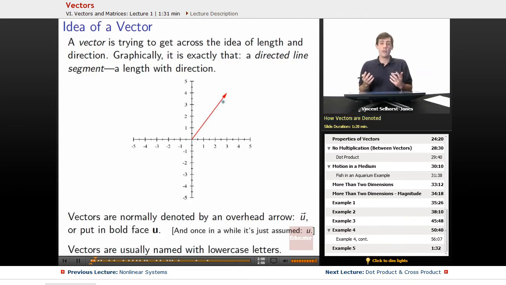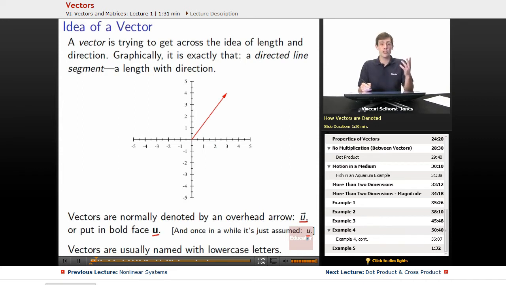How do we call out a vector if we want to talk about a vector? Normally we denote it with an overhead arrow like this. So U with an arrow above it says that we're talking about the vector U, or we can put it in boldface, a bold U. And once in a while, if we're talking about nothing but vectors and there's nothing else showing up, sometimes it will just be assumed, but we're pretty much never going to see that, not in this course.